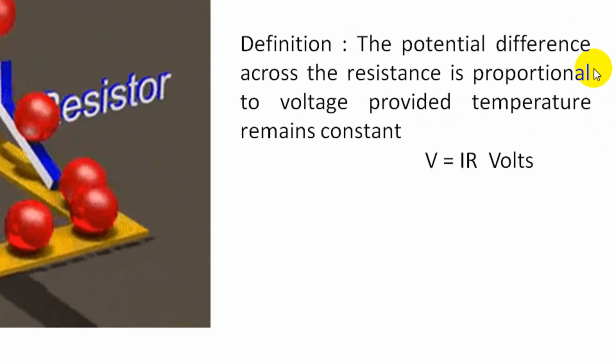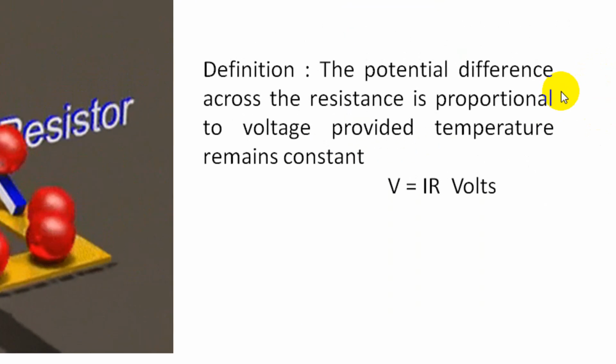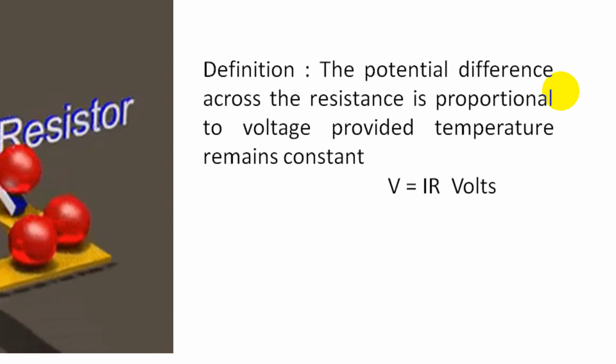Ohm's law states that the potential difference across a resistance is proportional to the current, provided the temperature remains constant.